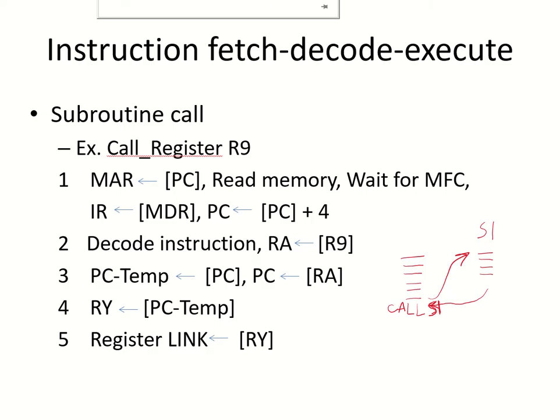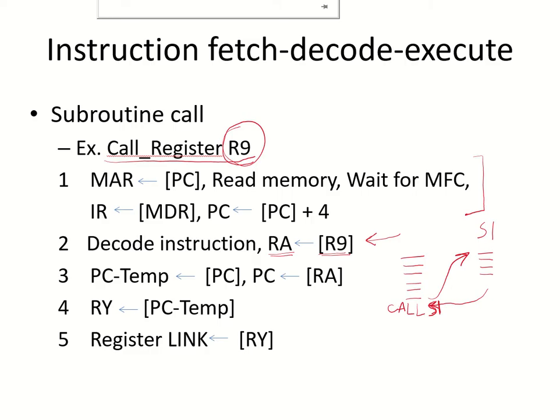And if an instruction like this says call register R9, it means the address of that subroutine is available in register R9. The fetch stage is the same. The second stage gets the contents of register R9 in RA. This is the address of the subroutine where we have to go now. So this has to be put into the program counter.